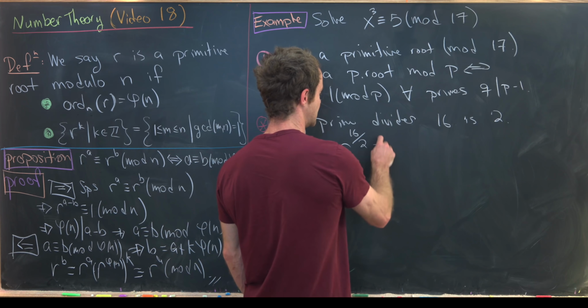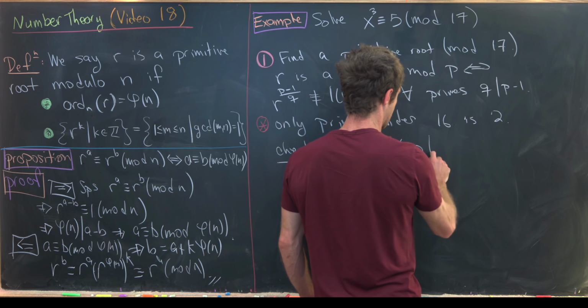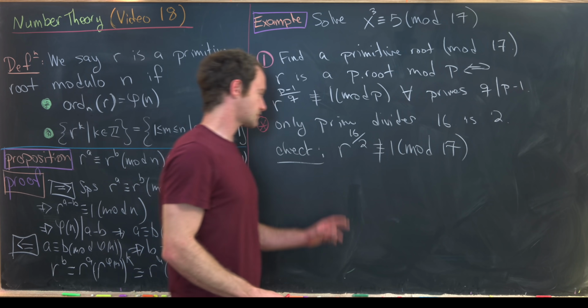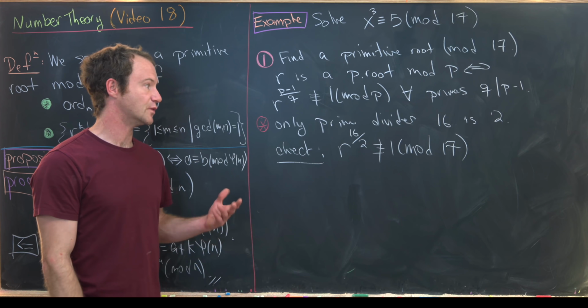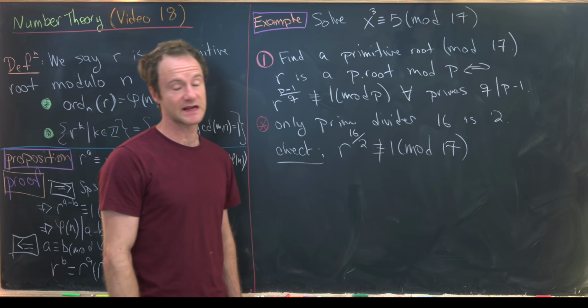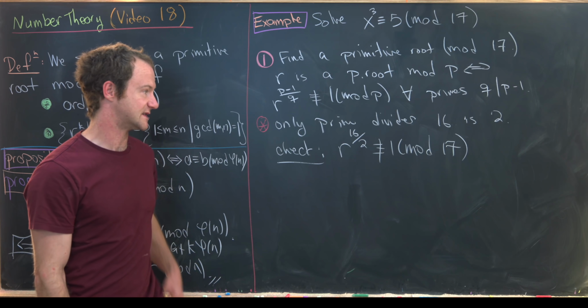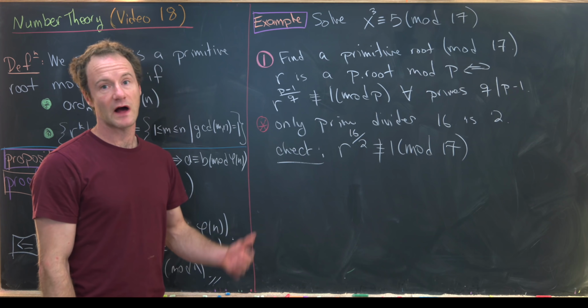So we want this to be not congruent to 1 mod 17. So we'll just run through some picks for r until we find something where it's, like I said, not congruent to 1 mod 17. And then we'll have a primitive root.